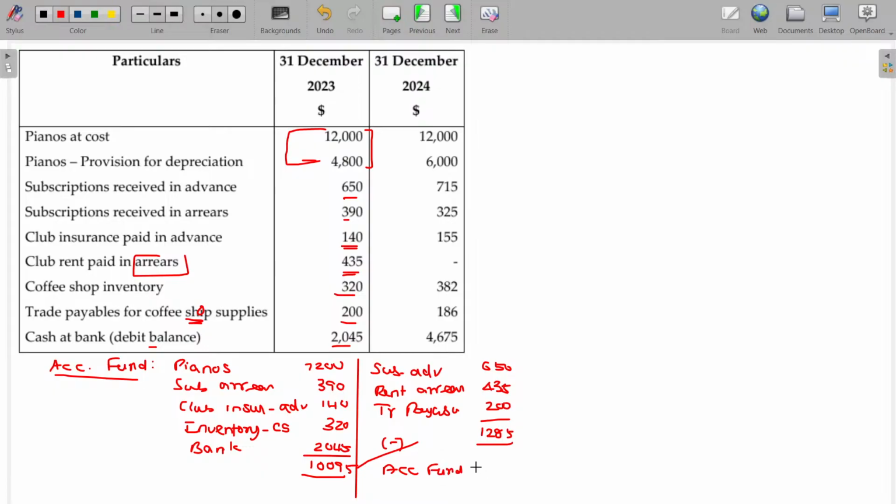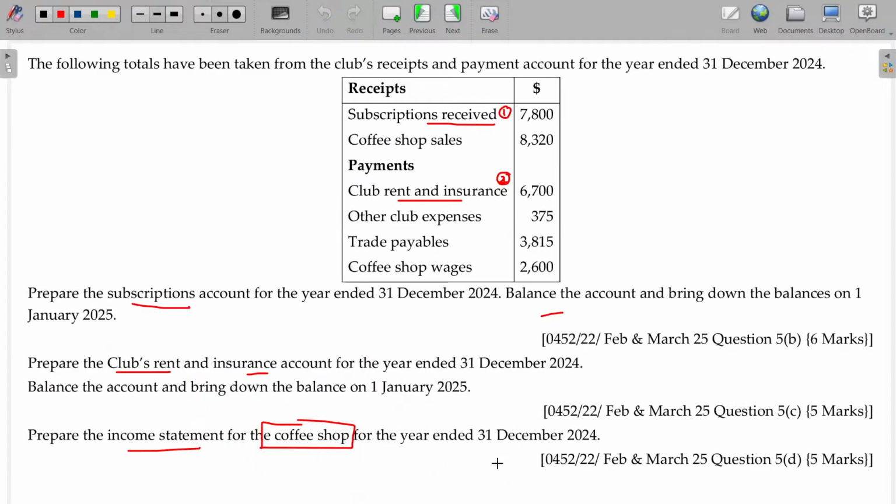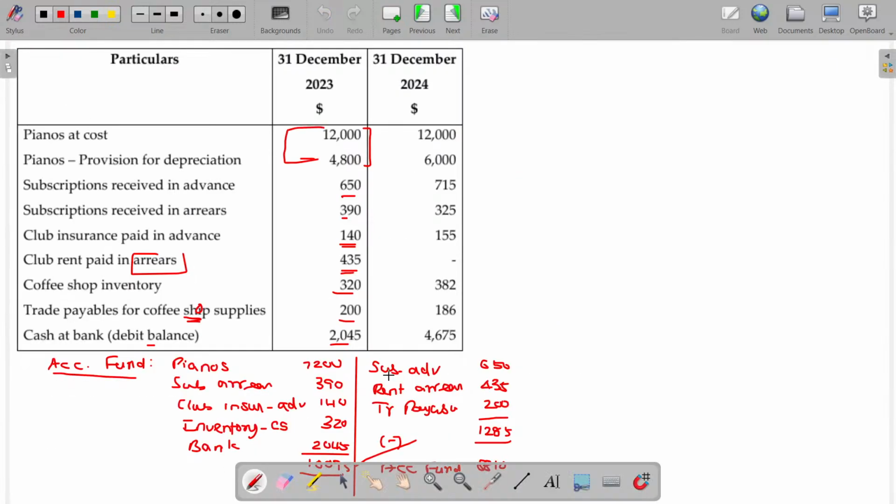The accumulated fund being 8,810. Then what you have to do? You have to prepare the subscription account and the club rent and insurance account. Okay, these two accounts are going to be prepared.